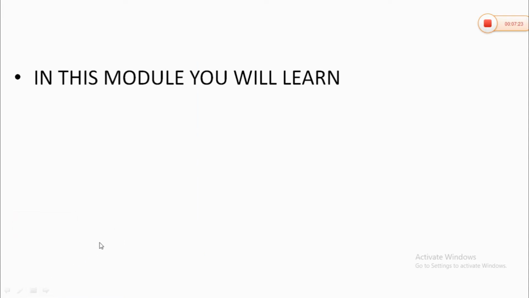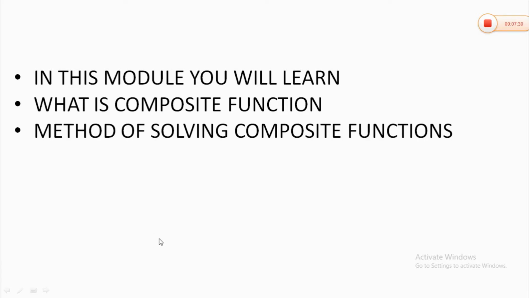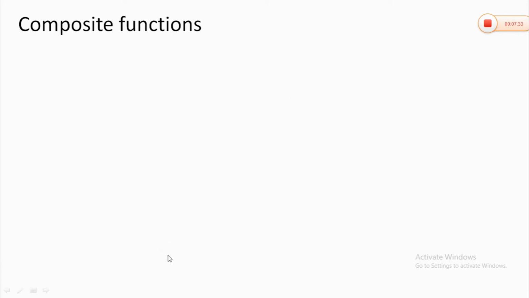So in this module we will study the composite function, that is what is composite function, and method of solving composite functions. So first we must know what is composite function. So you know this one last year. So that is f equal to g of h or h of g.